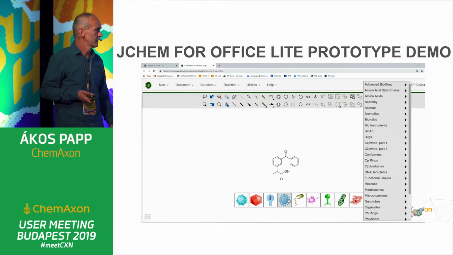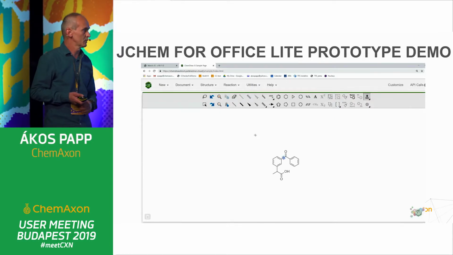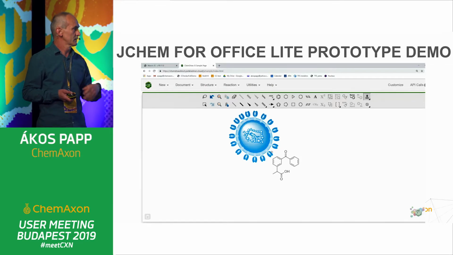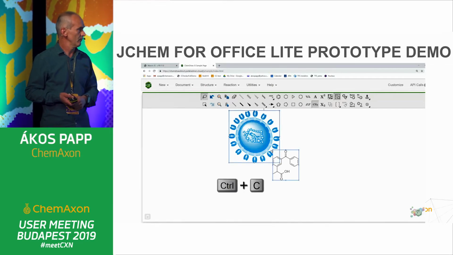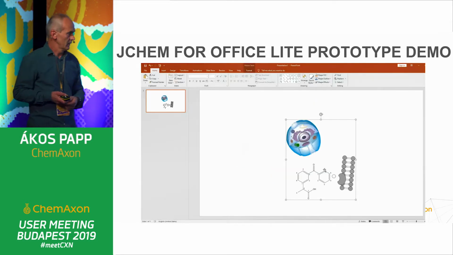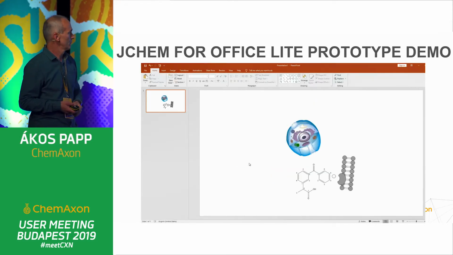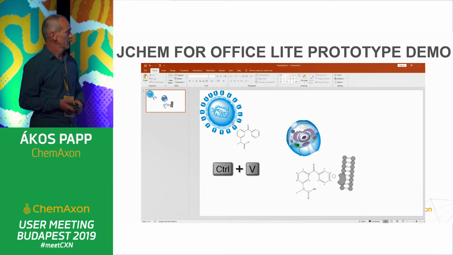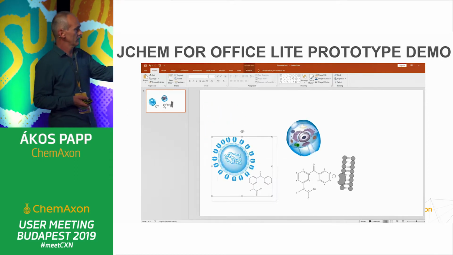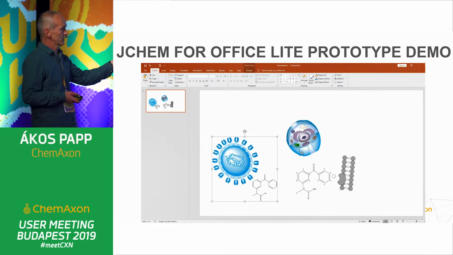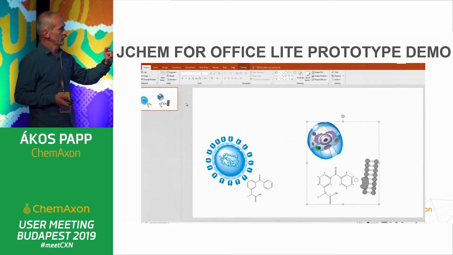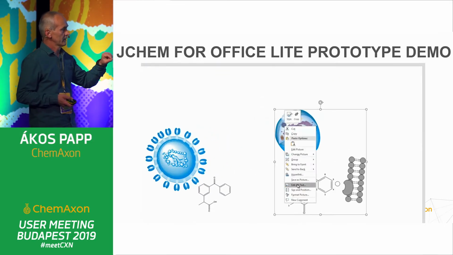Again, I add some ChemDraw-specific image and select everything, Control-C, and go back to PowerPoint, and then Control-V. What I will now show is that the right one is copied from ChemDraw, the left one is from ChemDraw.js, and the way we store the chemistry is in alternate text.